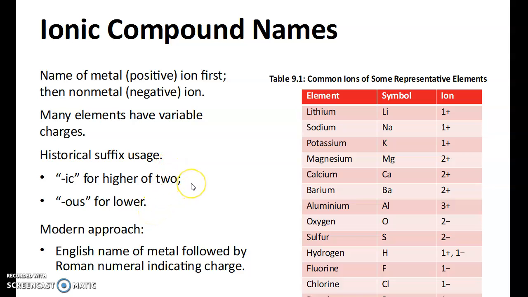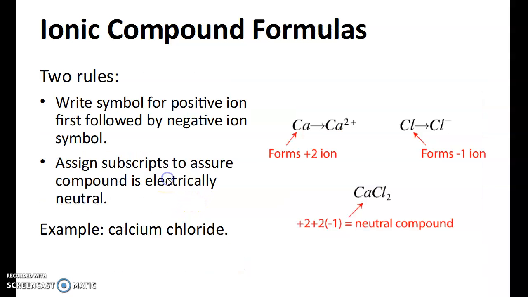So it's ferric oxide, ferrous oxide. And the modern approach is to put a number, a Roman numeral, after the particular ion, indicating what its charge is. So it would be Fe(II) for the old ferrous and Fe(III) for the old ferric.